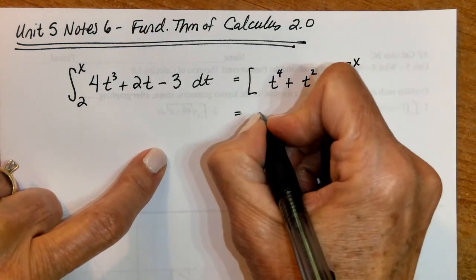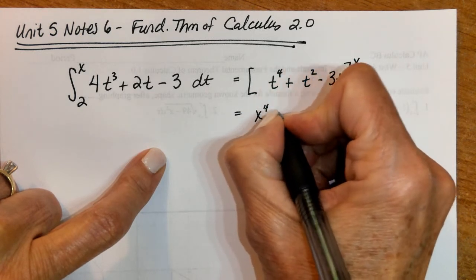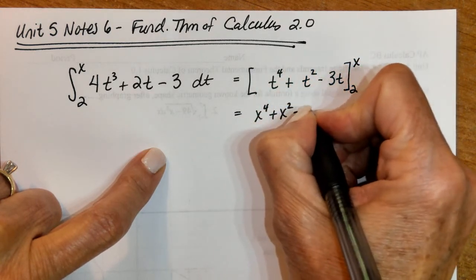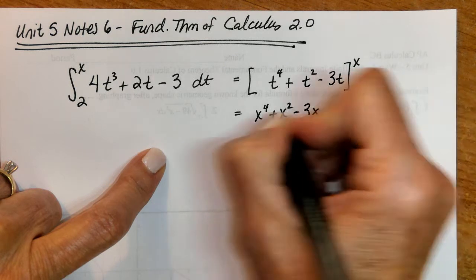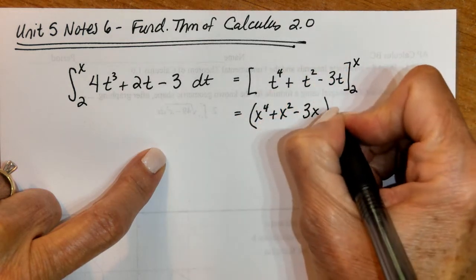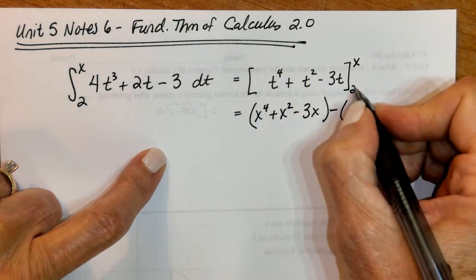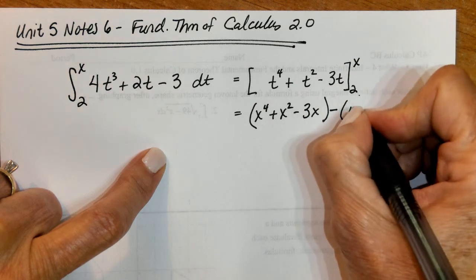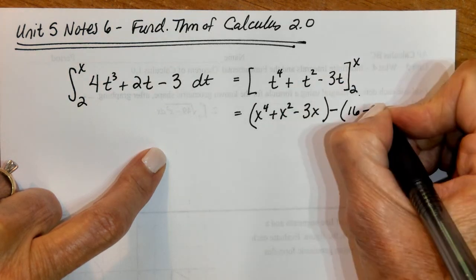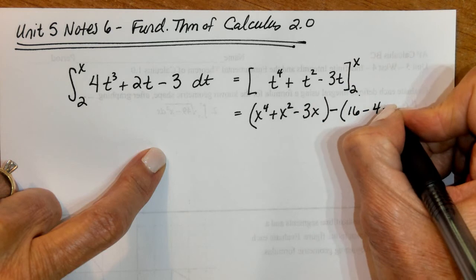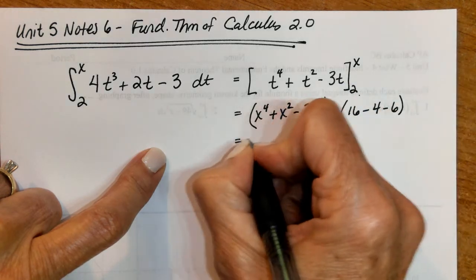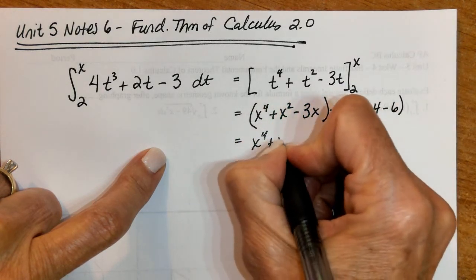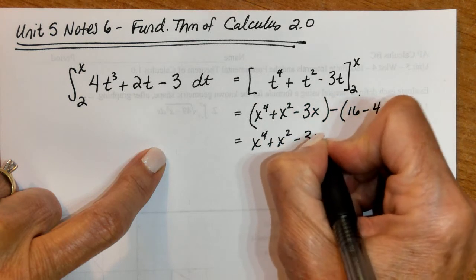So I'll have x to the fourth plus x squared minus 3x, minus 2 to the fourth, 16, minus 2 squared minus 3 times 2. So this will be x to the fourth plus x squared minus 3x.